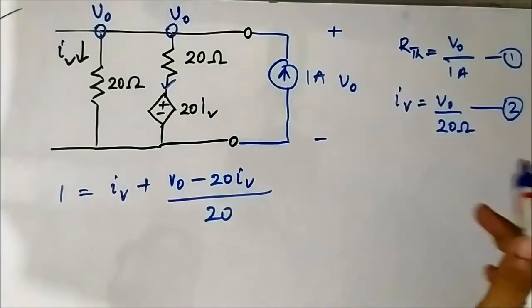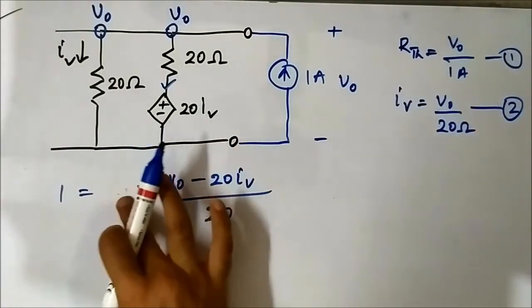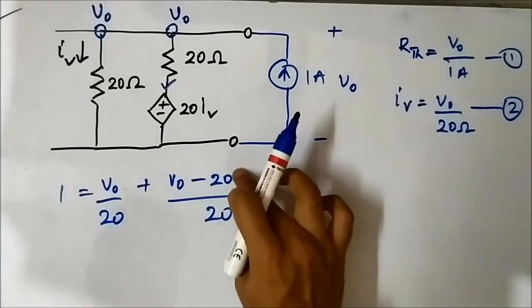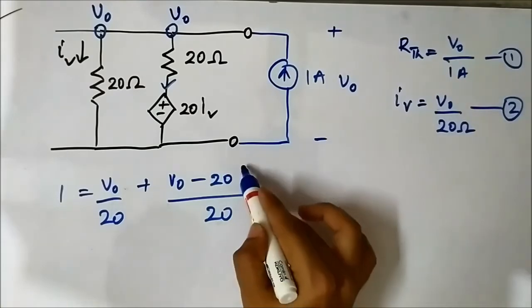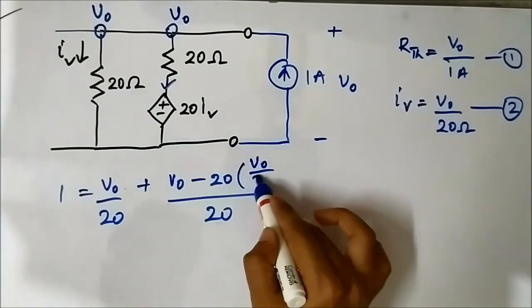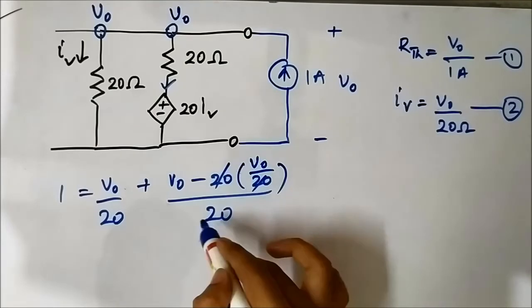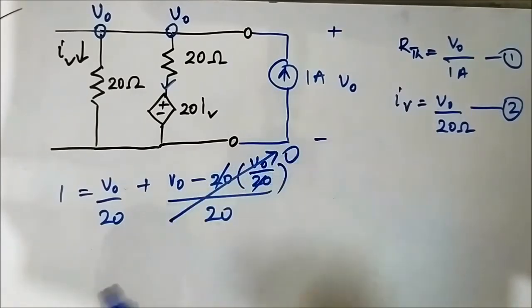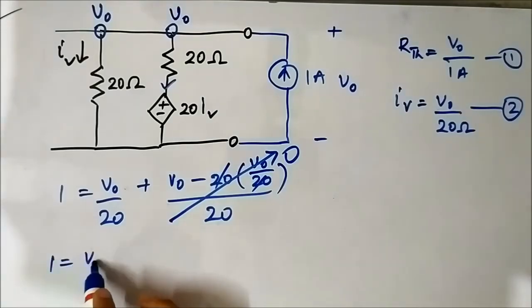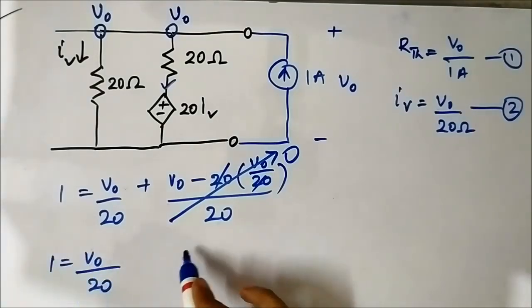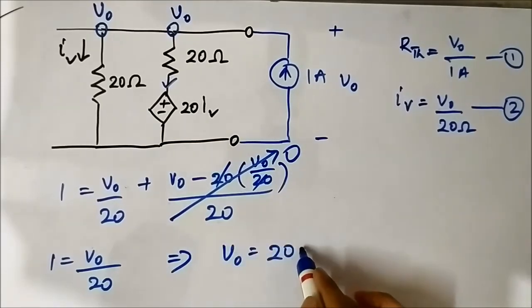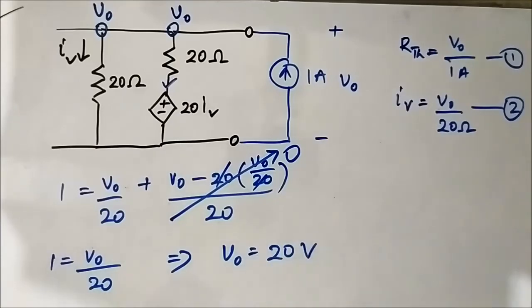So we'll replace IV now. IV is V0 by 20, here V0 by 20, here also it will be V0 by 20. Get cancelled, so this will be V0 minus V0 by 20, which entirely will become 0. So 1 is equal to V0 by 20. That implies V0 is equal to 20 volt.